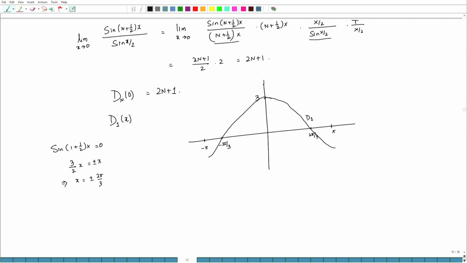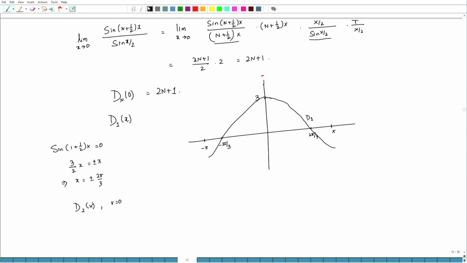Now, look at D_2. So, D_2 at x equal to 0 is going to take the value of 2n plus 1, that means 5. So, let me take this as 5 here, D_2. Now, let me find out what zeros D_2 can have.